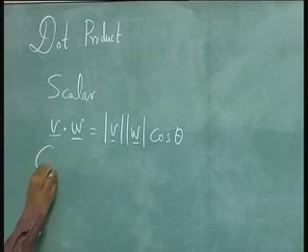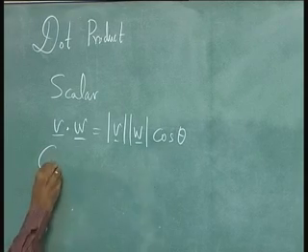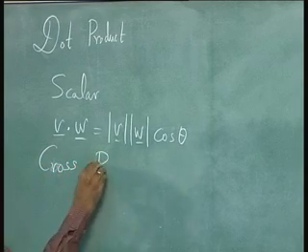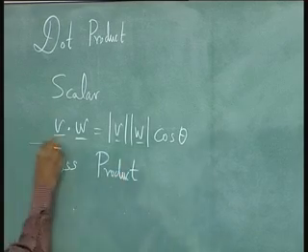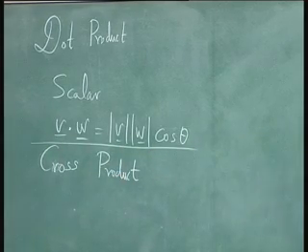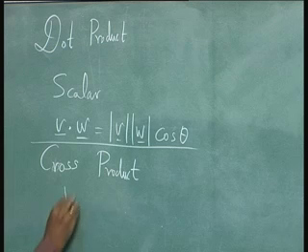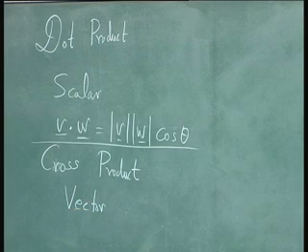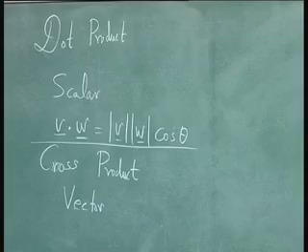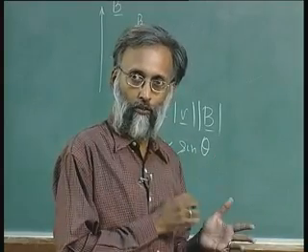The cross product is a vector itself. So, a cross product not only has a number associated with it, it also has a direction associated with it.